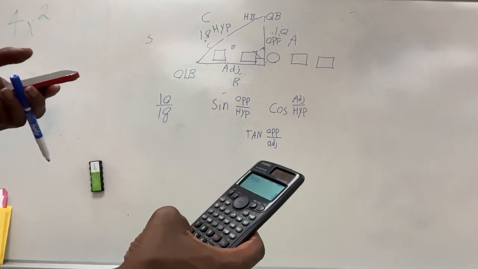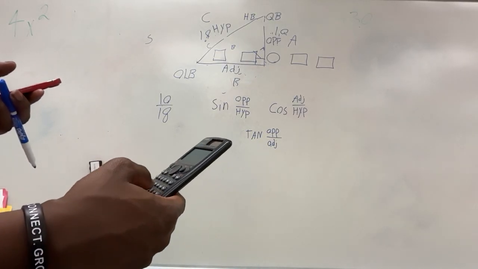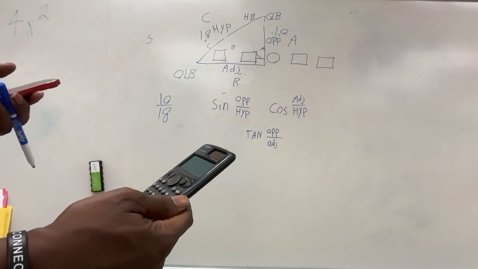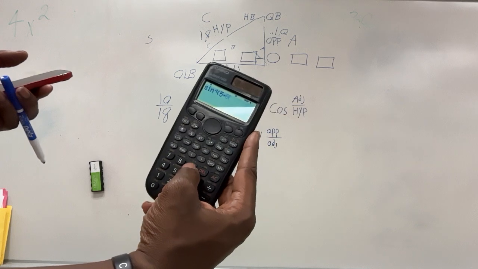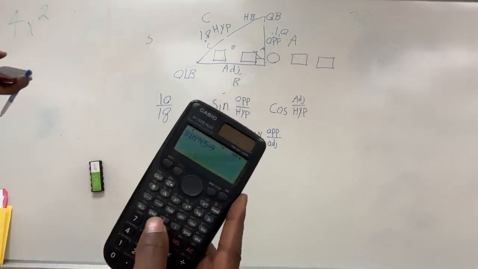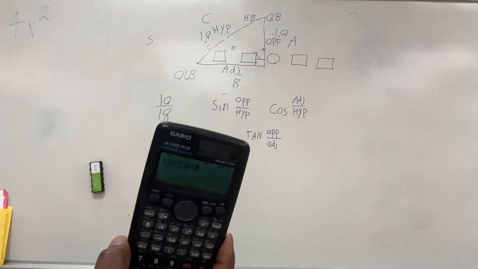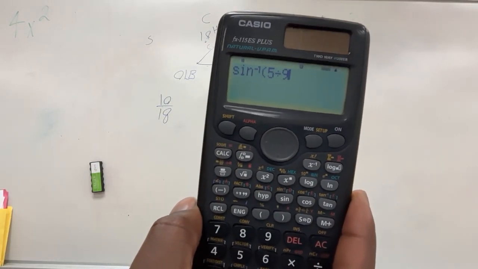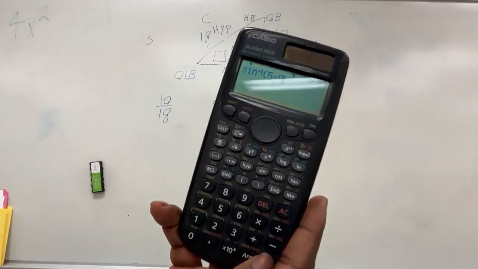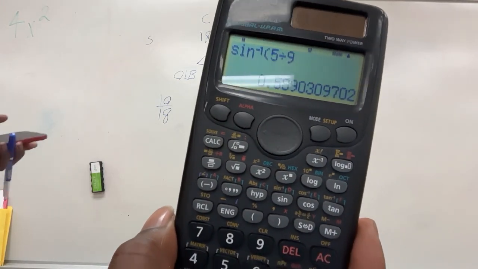Now we're going to go second, so shift and sine. Let's go 5 over 9. All it does is reduce 10 and 18 by 2. 10 divided by 2 is 5, and 18 divided by 2 is 9, so sine of 5 over 9. Press equal. 0.589.